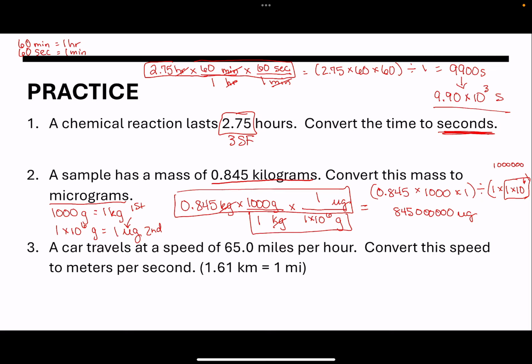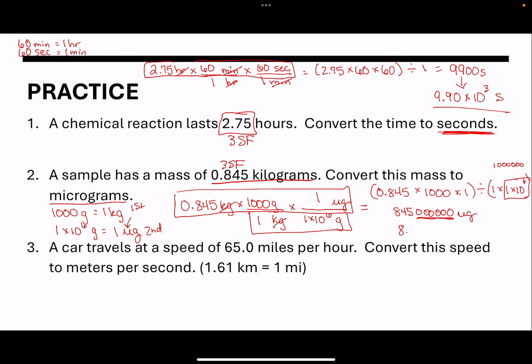Plus, we see here we only have three sig figs. Even though this number only has three sig figs, because all of these trailing numbers are not significant, it still is a very large number. And for some reason, us chemists don't like numbers like that. So we would always turn a number like this into scientific notation.